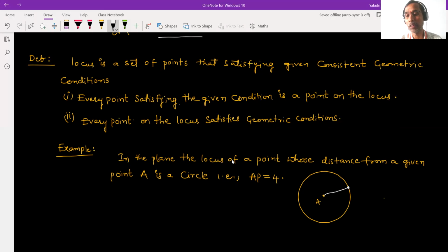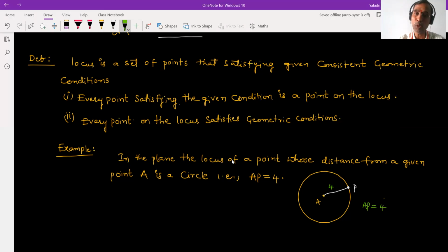This is the point P. Now from here to here, everywhere, the point is on the locus. Here there is a set of points. This is the path that is traced by the point P, right? So that is AP. How much distance is this? That is equal to 4 units. So therefore AP equals 4.